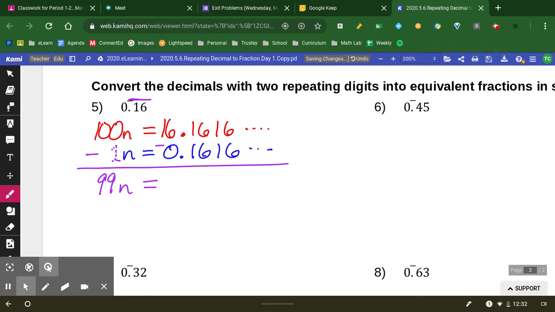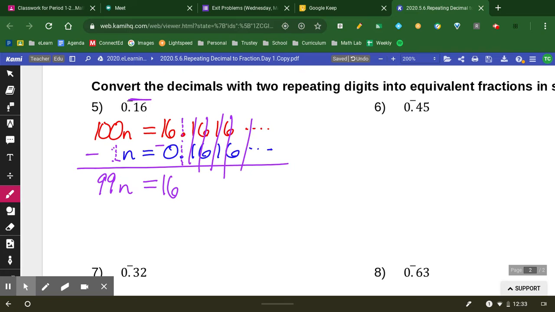Now let's take a look at the right side here, where we have 16 wholes minus 0 wholes, which would give us 16. And what happens to the right? 1 minus 1 is 0, and they cancel. 6 minus 6 is 0, and they cancel. 1 minus 1 and 6 minus 6. And now we've reached that goal. No more parts, pieces, or portions because the place values lined up again.